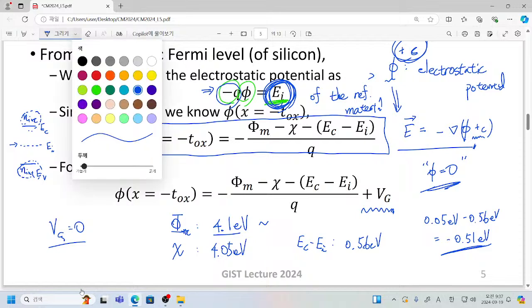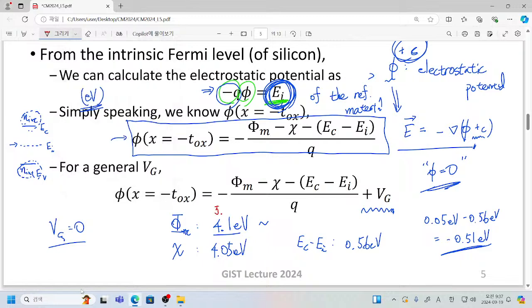For example, instead of this number, let's consider another extreme number. When your metal work function is not 4.1 but 5.0, which is quite good for your P MOSFET, then what will happen? You have an additional 0.9 eV for your calculation.